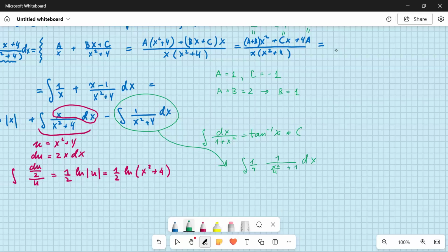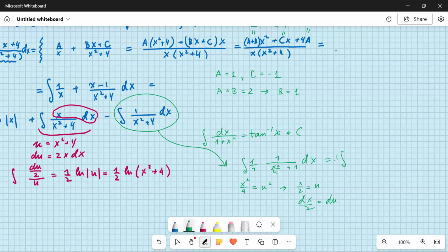Guys, if you don't see the substitution here, you can do it. If you see it, you can write down the answer. We need to make sure that x squared over 4 equals some u squared, right? To turn it into tangent inverse. From where x over 2 equals u and dx over 2 equals du.